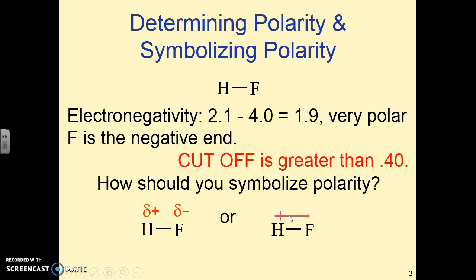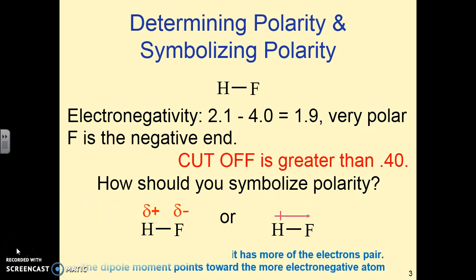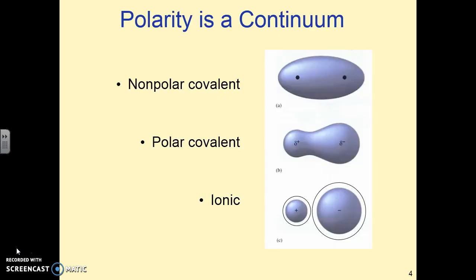When you draw a dipole moment on a bond or on a molecule, it is an arrow that points towards the more electronegative element, or towards the atom that has the partial negative charge in the bond. What it says down there is just what I said in words: F gets the partial negative because it has more of the electron pair, and the dipole moment points towards the more electronegative atom.